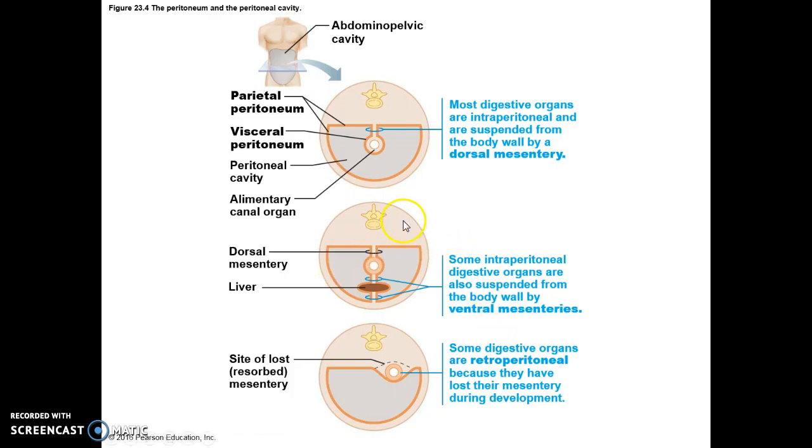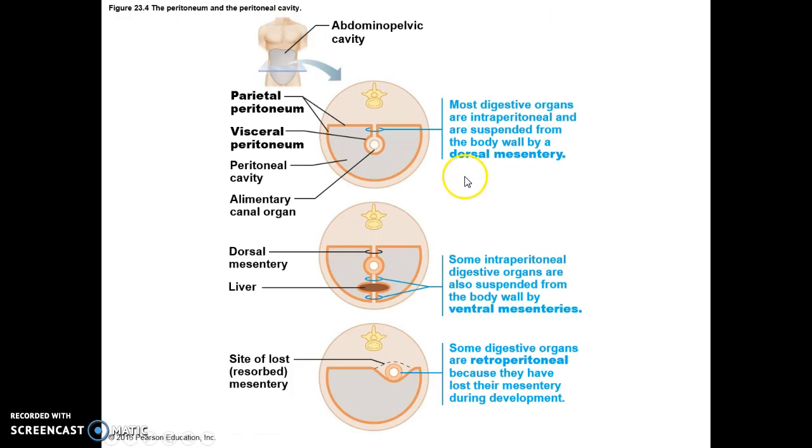Here is a visualization. In the superior image, it's showing you the dorsal or posterior mesentery, where it surrounds the visceral organ. This is called the visceral peritoneum on the surface of the organ itself, and this would be the parietal peritoneum that's lining the outer wall of the peritoneal cavity.